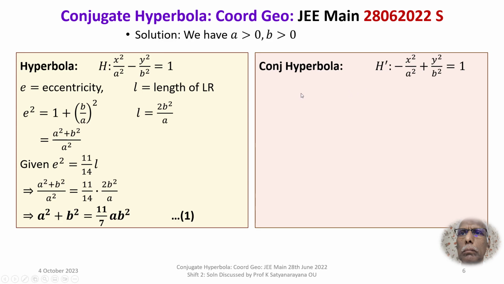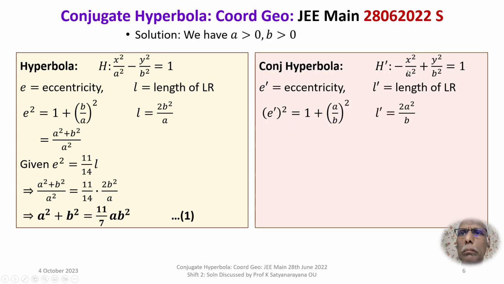The eccentricity is E prime and L prime is the length of the latus rectum. E prime square is equal to 1 plus a by b whole square, and L prime is equal to 2a square by b. Taking the LCM here, you will get b square plus a square by b square.